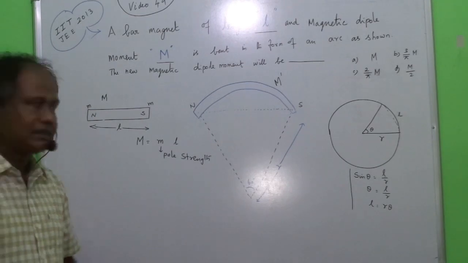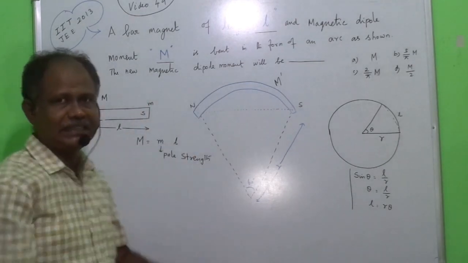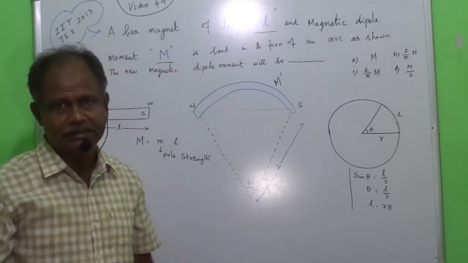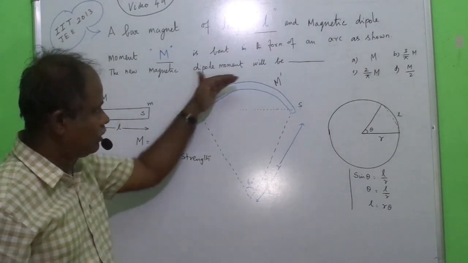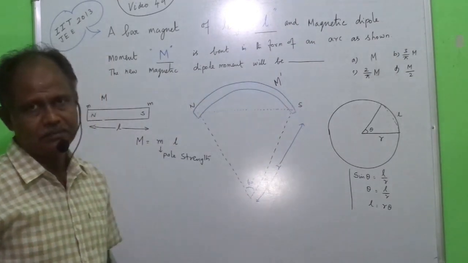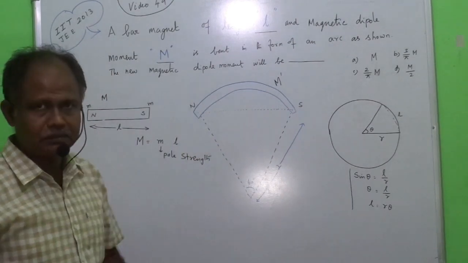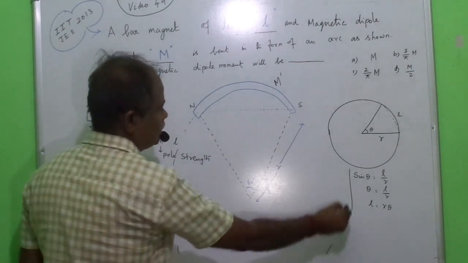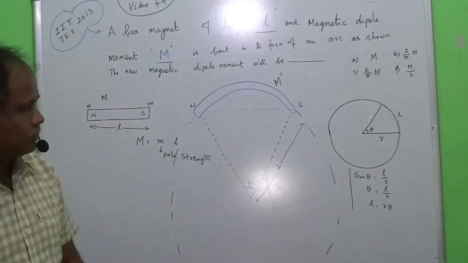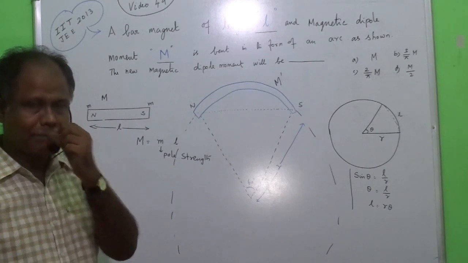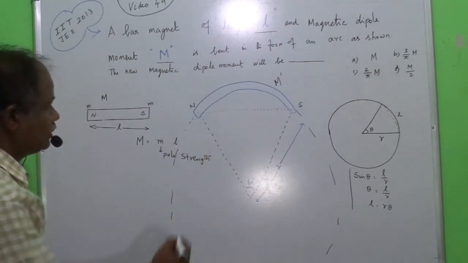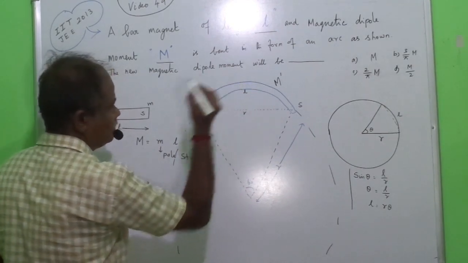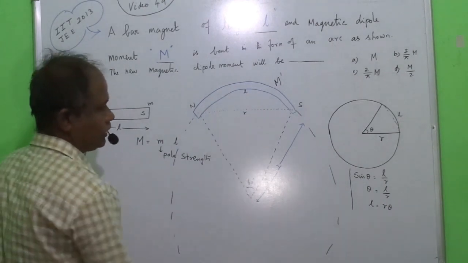What's our case? This magnet is bent like this. This is the arc of a circle. Let us consider this is a circle of radius R. This is L. Here, this is a right angle triangle.